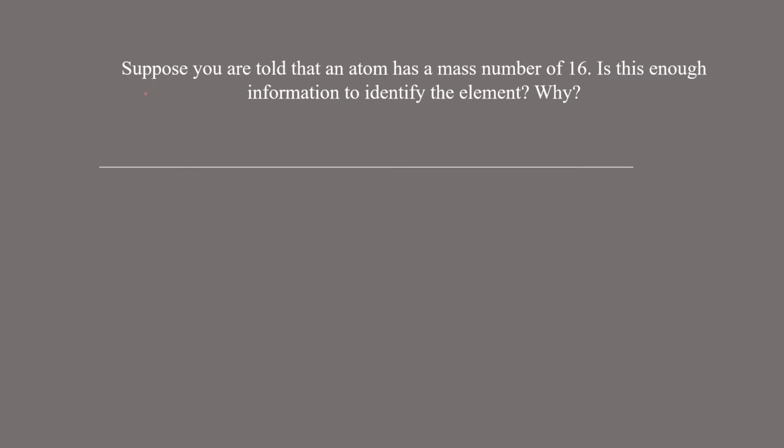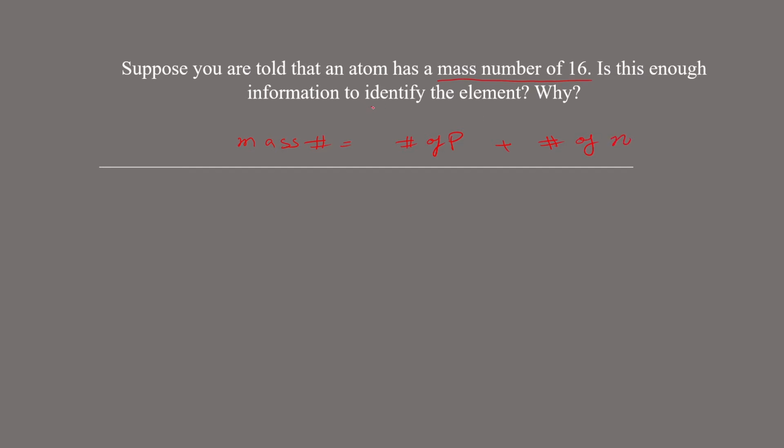Okay, in this example, you are told that an atom has a mass number of 16. Is this enough information to identify the element? Okay, so remember, mass number is equal to the number of protons plus the number of neutrons, right?